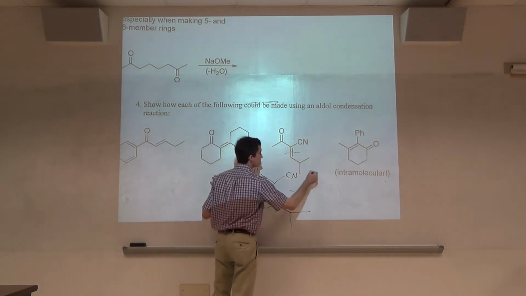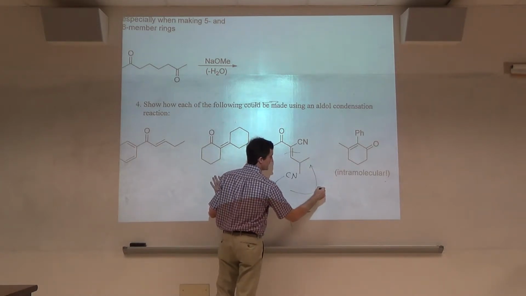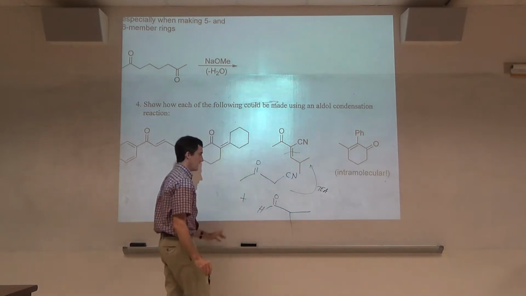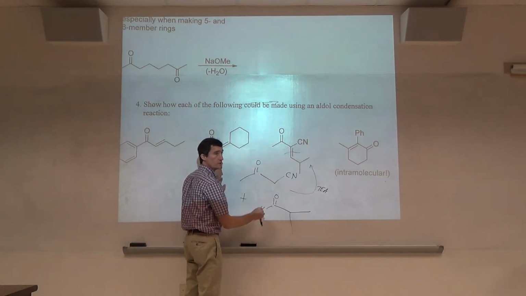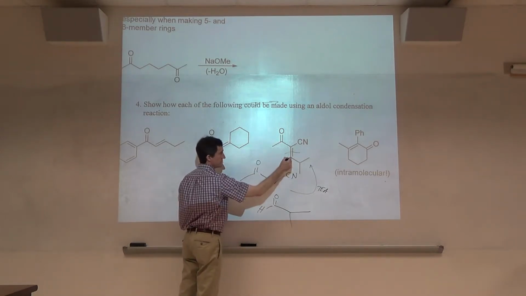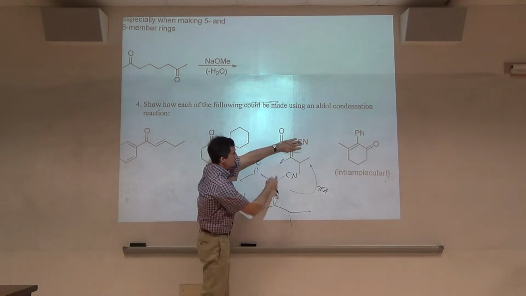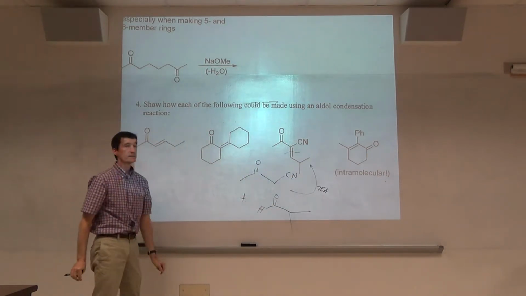These two with some base. Triethylamine or sodium hydroxide? Aldehyde, right? There's an H there. When you make that a carbonyl, that's an aldehyde. Those two would react to give that.